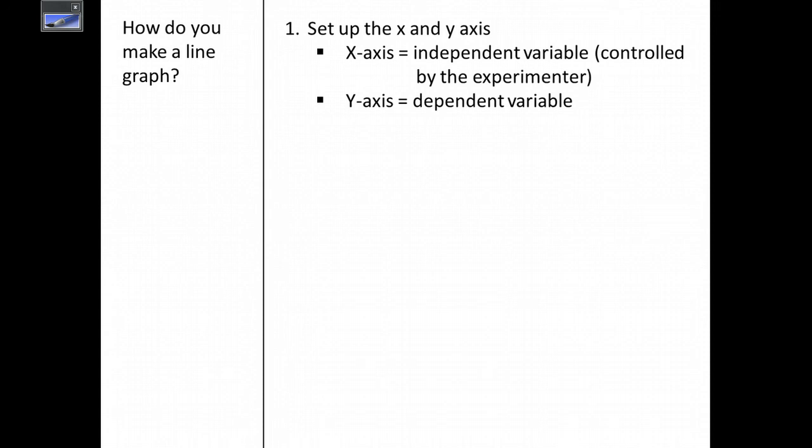The dependent variable depends on the independent variable. So if we're talking temperature over time, time will be on the x, temperature will be on the y. Because as time goes on, the temperature goes up or down. The temperature depends on time. That's why it is set up the way it is.